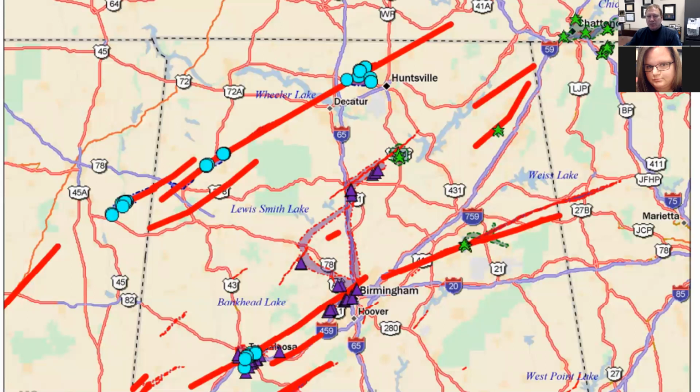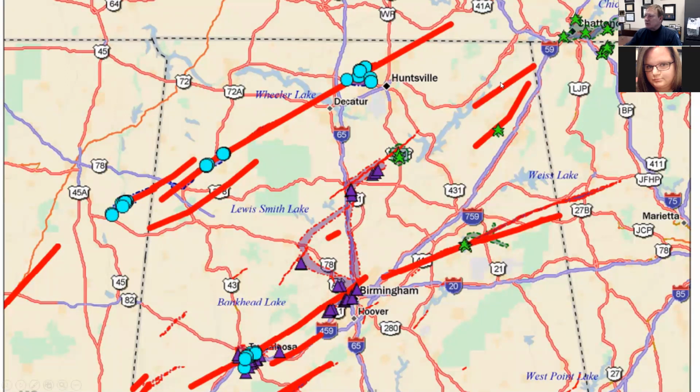This is a little bit more of where the storms came through. So we've got Birmingham here, Tuscaloosa here, and then the second series of tornadoes that came through just to the north and west of Huntsville, Alabama. And again, this carried into southern Tennessee, and over here is Ringgold, Georgia, and then Chattanooga.